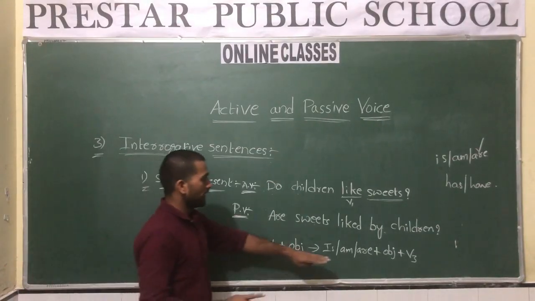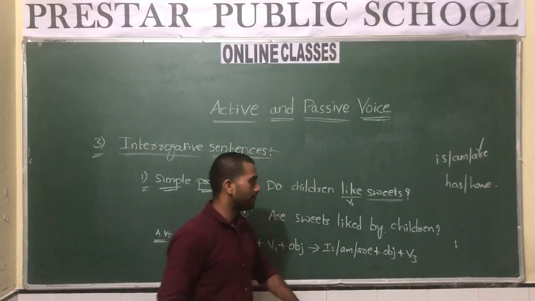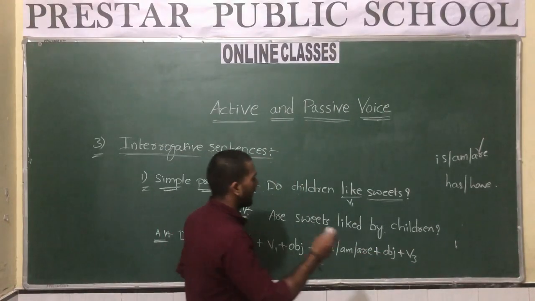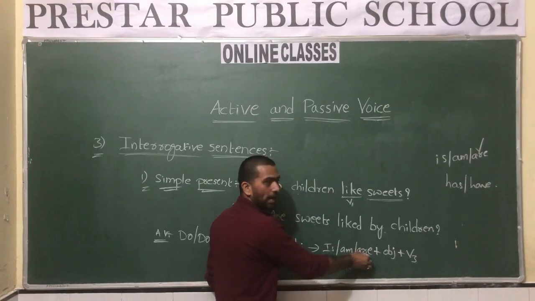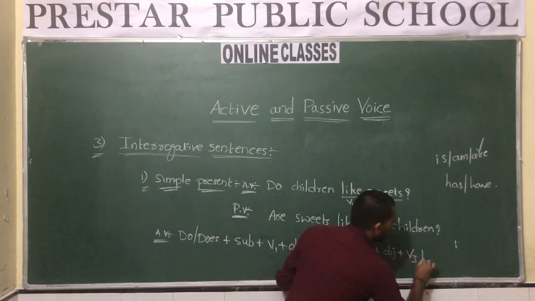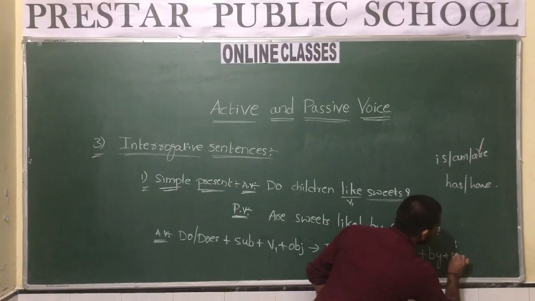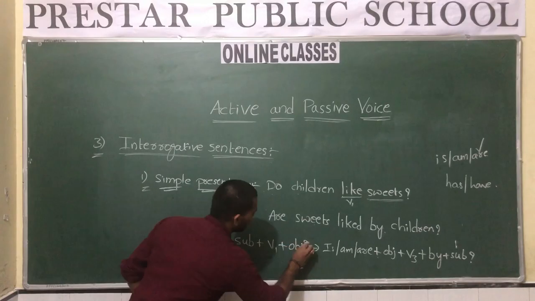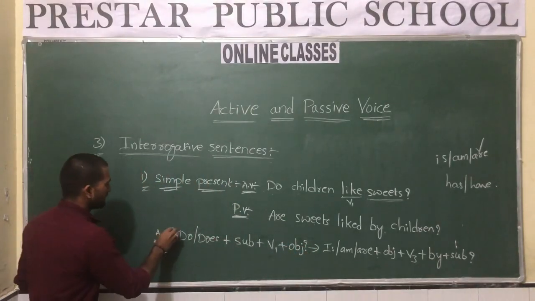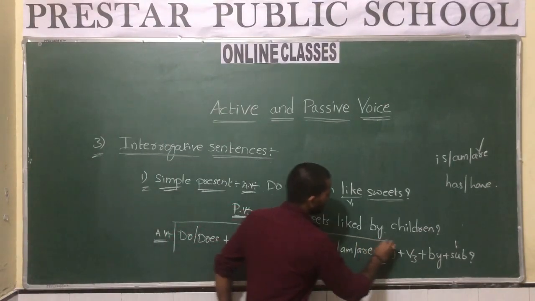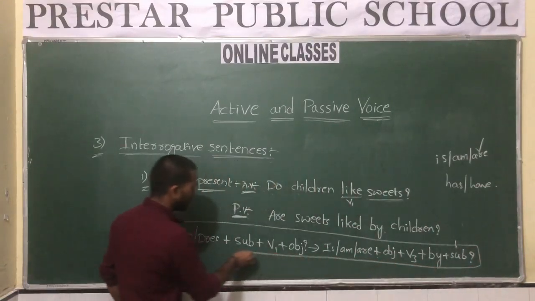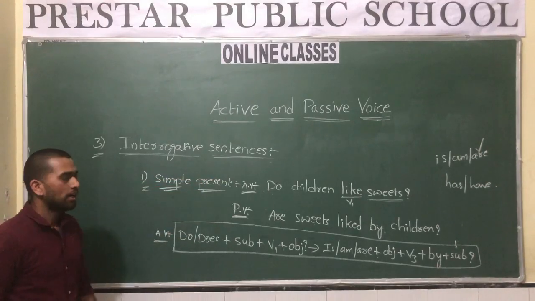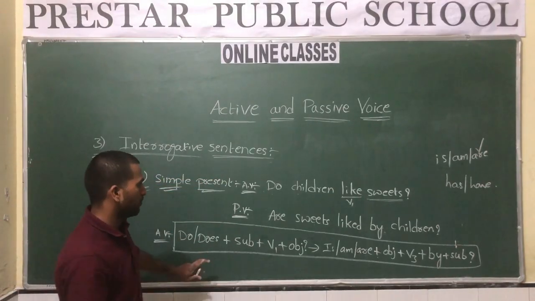I already told you that while converting into passive voice we must use V third form, that is past participle, not any other form of verbs. Is, am, are plus object plus V3 plus by plus subject and question mark. Okay, this is the pattern which is followed while converting into passive voice a sentence which is in simple present and interrogative.